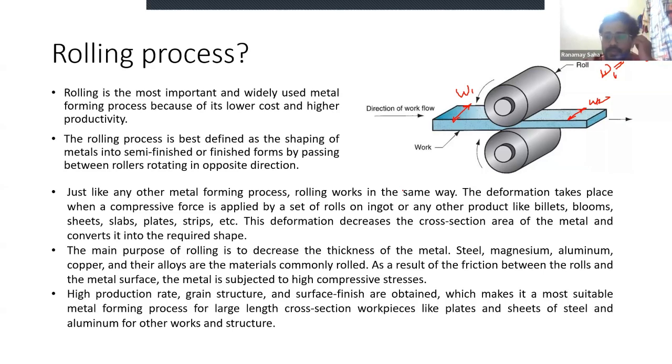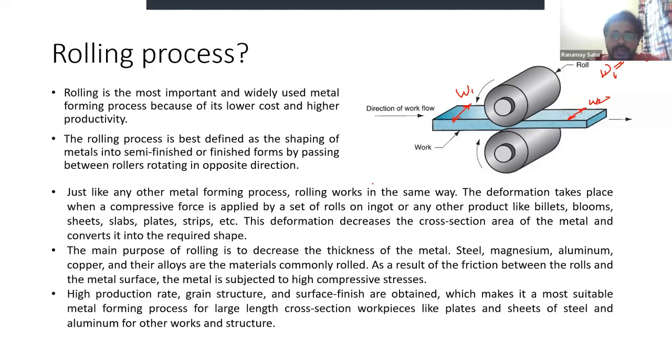As you pass the plate between the rolls, the friction at the interface between the plate and rolls converts into heat, and that way the rolling process gets done.